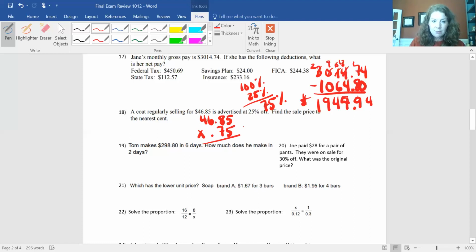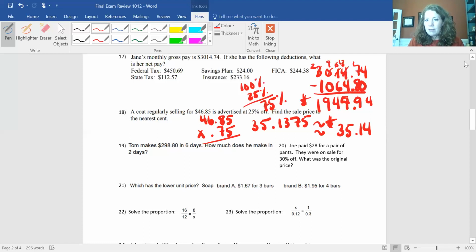I don't have enough room, so I'm just going to use my calculator. 46.85 times 0.75 is 35.1375. Now, what's wrong with my answer? It says round to the nearest penny. So that means it's about $35 and what? 14 cents. So hopefully you guys got the same answer.